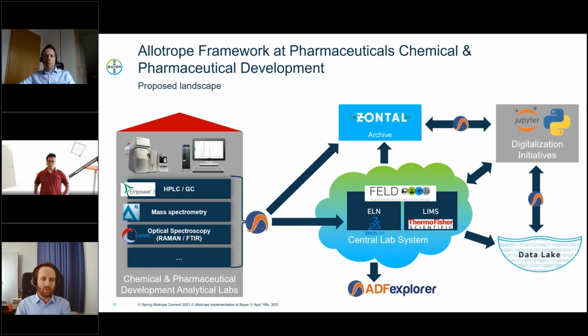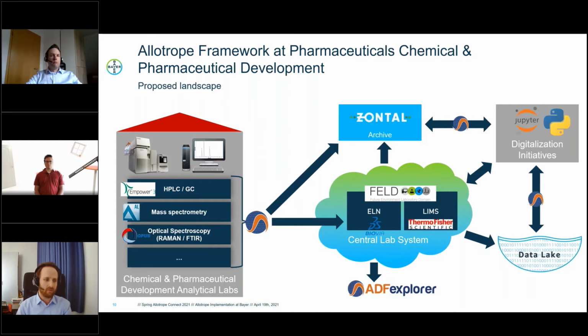And the majority of the work is happening under GMP regulations. So just to make you aware of the circumstances. And we have a quite diverse landscape of devices and also of software and measurement techniques. To sum it up, 80% is HPLC and GC, where we have a central mPower instance in place.